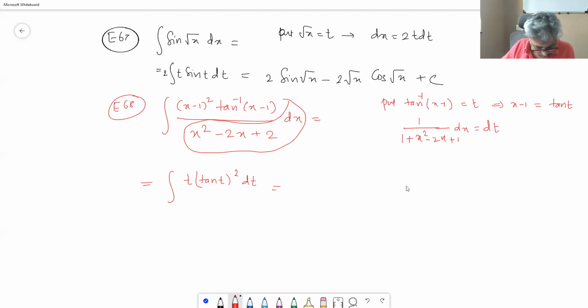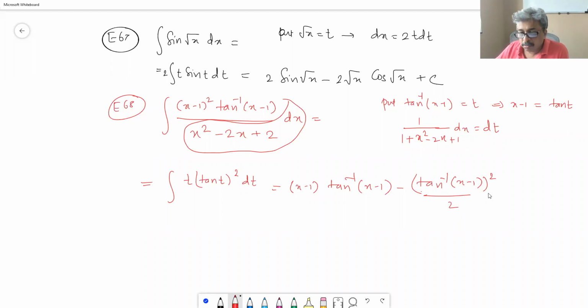I did not have to write down all the steps. Let me write down the answer. (x minus 1) tan inverse (x minus 1) minus (tan inverse (x minus 1)) whole square upon 2 minus half log of the denominator x square minus 2x plus 2.